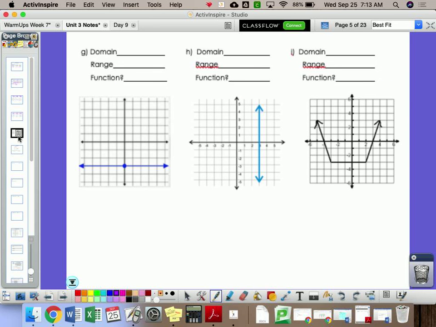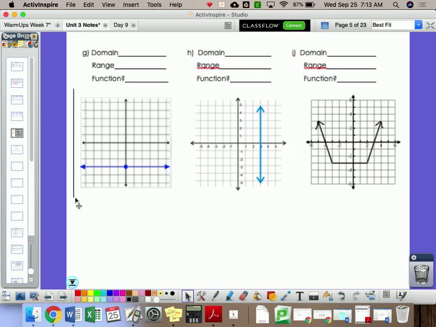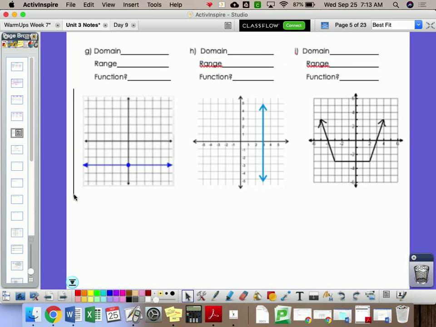All right, last three examples for domain and range. Let's use our vertical line first. Okay, so for domain, I can see if I'm dragging this line across my graph, I have arrows going in both directions, meaning that my graph on the x values is going forever and ever, both directions.